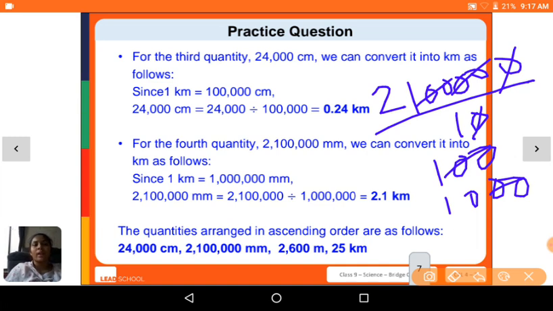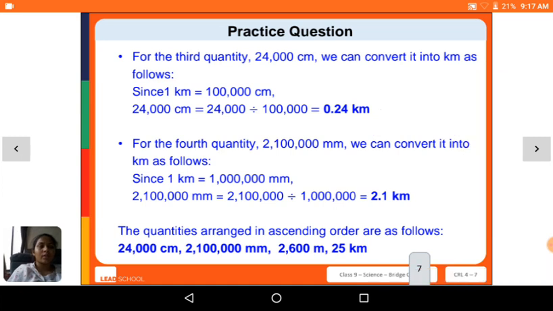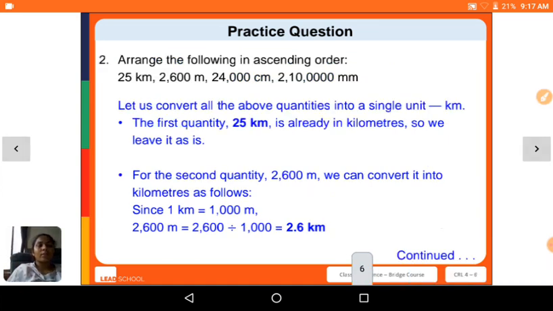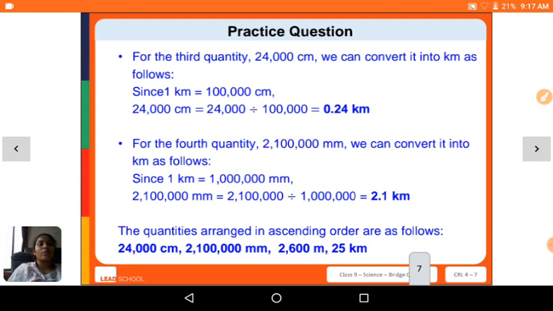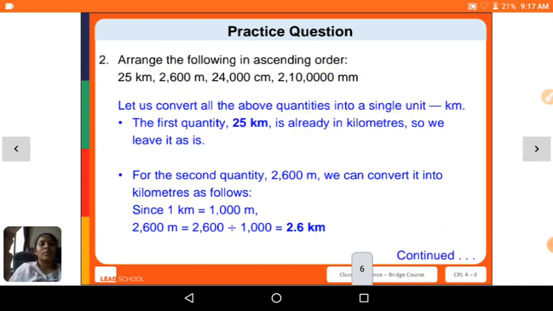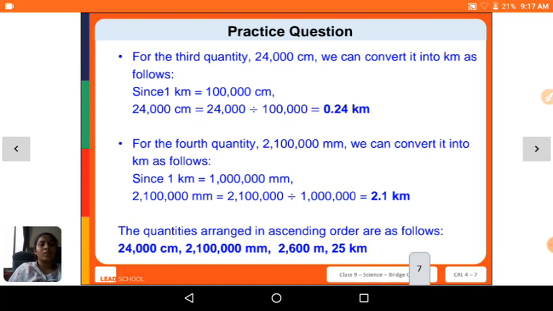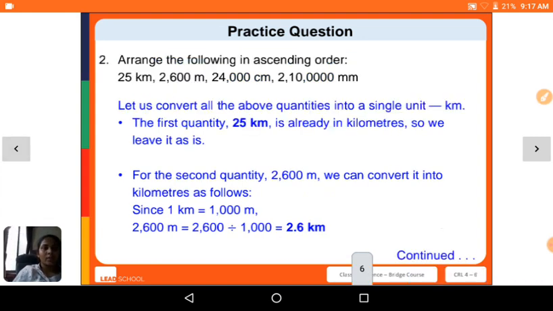So the quantities are arranged: first is 25 kilometer, then the second was 2.6, then 0.24 and 2.1. Now for ascending order, the lowest is 0.24 kilometer, which is 24,000 centimeter. Then 2.1, and then 2.6 kilometer.